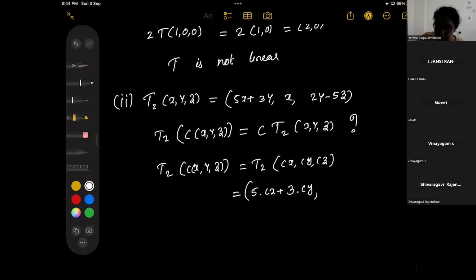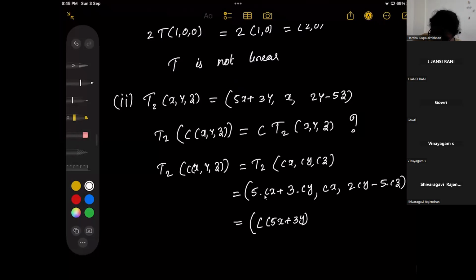Next one is x, which here is Cx. And the third term is 2y minus 5z: here y is Cy, so 2 times Cy minus 5 times Cz. In each term we have C, so we can take C outside.